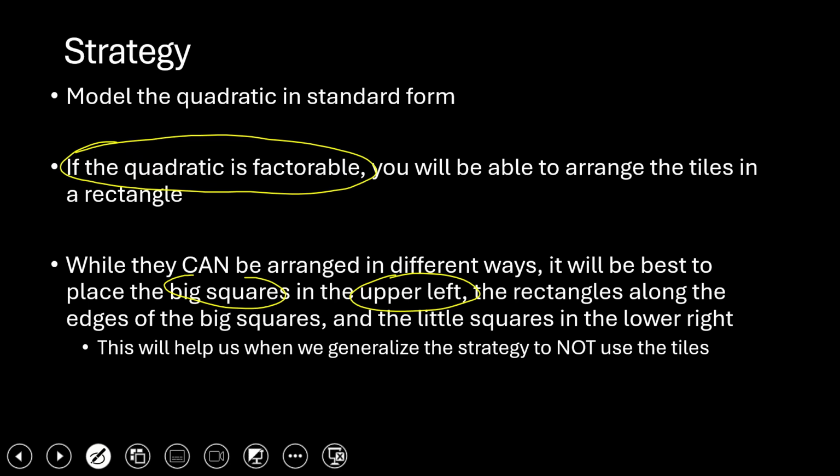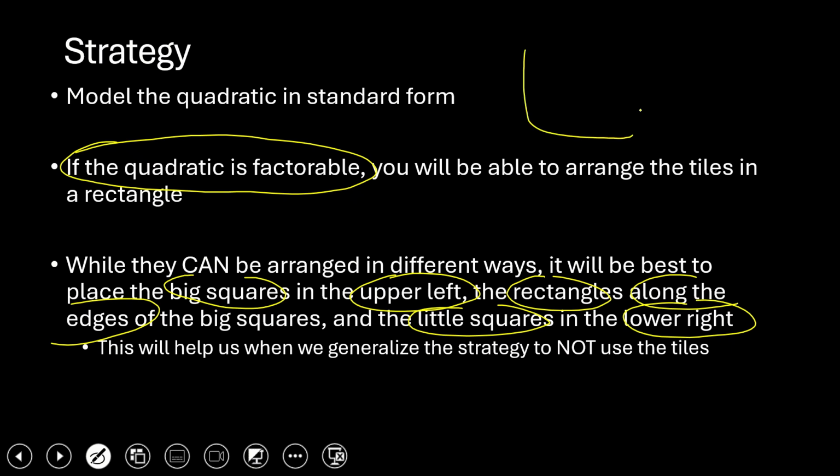They might form a square themselves, okay? Then put the rectangles along the edges of the big squares. And we did this when we were completing the square. I went through why it is best to arrange them a certain way, even though there are other options. And then put the little squares in the lower right.